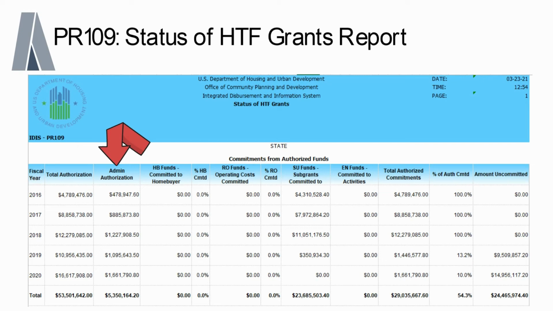HUD counts the full amount of your AD subfund as committed for the purposes of HTF deadline compliance, regardless of whether it has been committed to an administration activity in IDIS. You do not have to use 10% of your HTF grant on administration. However, reducing the amount of your AD subfund will uncommit those AD funds in the system. The Total Authorized Commitments column shows the amount of HTF funds that have been committed for that grant year.